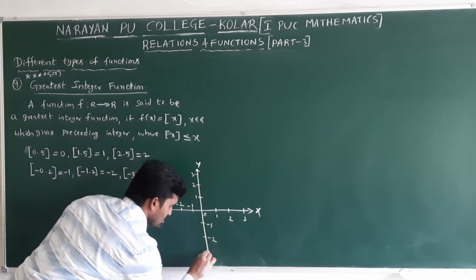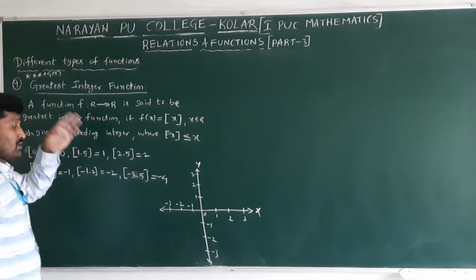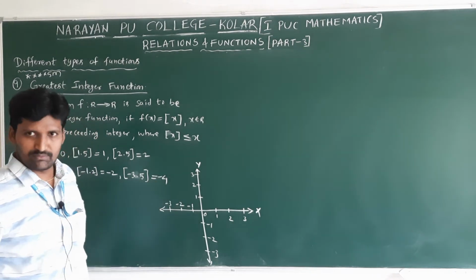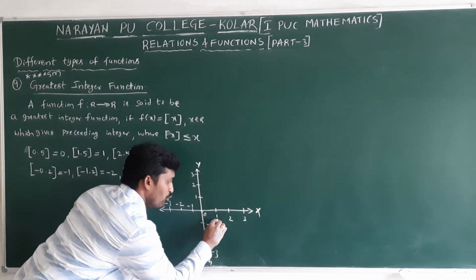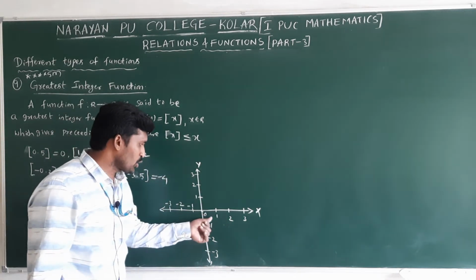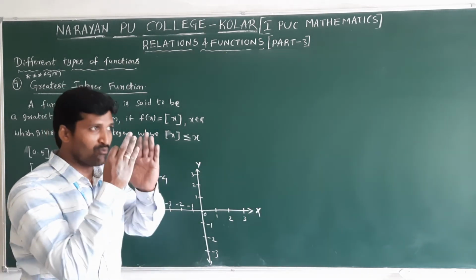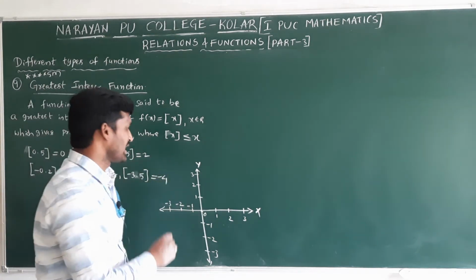Minus 1, minus 2, minus 3. Your value is required. See clearly, from 0 up to before 1, from 1 up to before 2. Before 1 means from 0 to 0.999 it is 0 only, the preceding integer. From 1 to 1.999 it is 1, it gives the preceding integer.